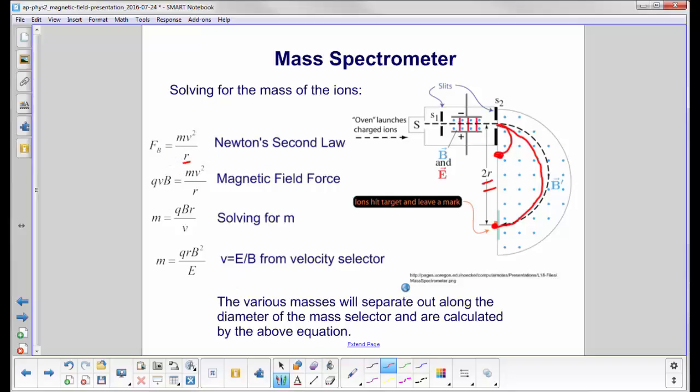So first we're going to start with Newton's second law. We've got particles in centripetal motion, so FB is mv squared over r. What's the magnetic field force here? Well, that would be QVB. So we said QVB equals mv squared over r. Now before we go to the next step, look at this. Cancel this v out with one of these v's and we solve for mass.